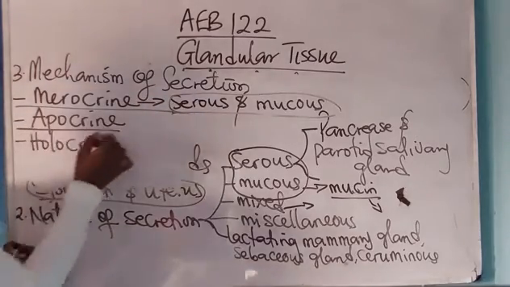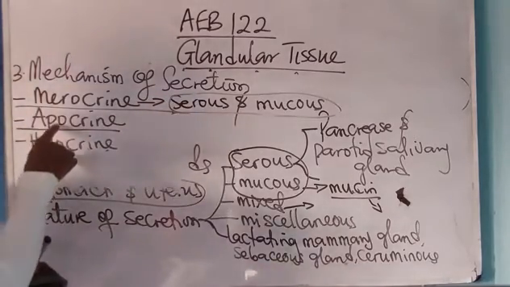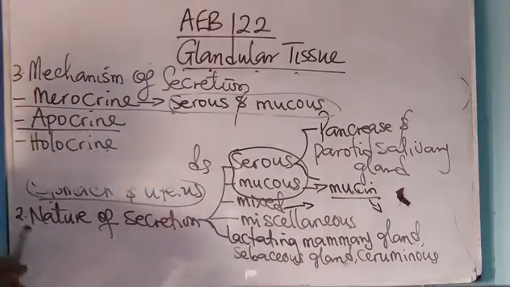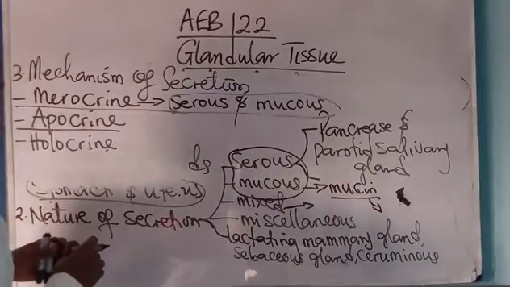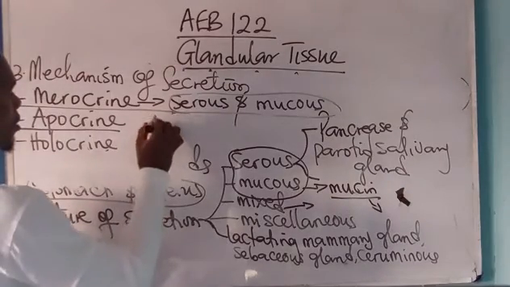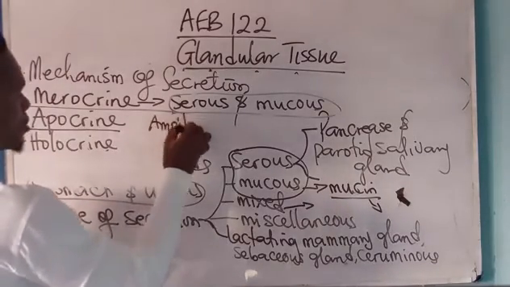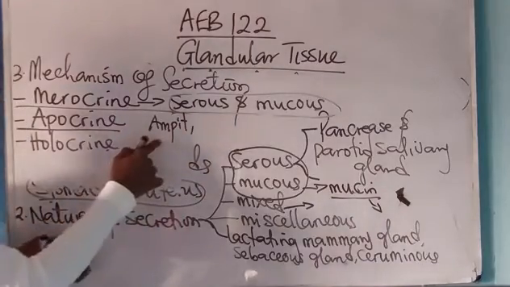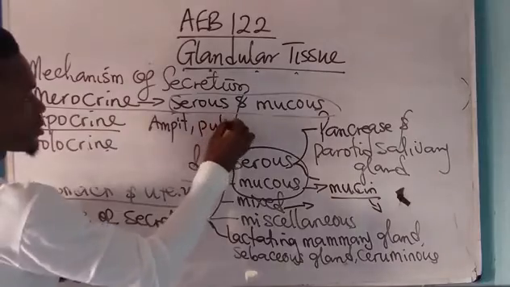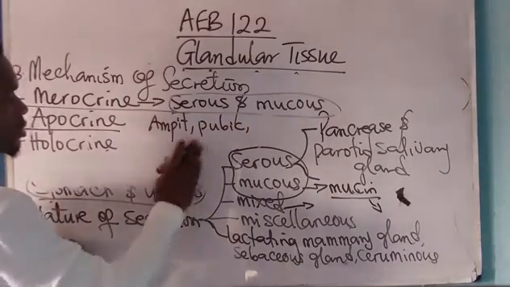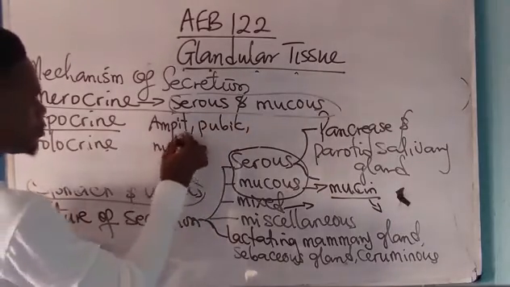We now have the apocrine gland. This apocrine gland is found in places such as the armpit region, the pubic region, and the nipples of the breast.